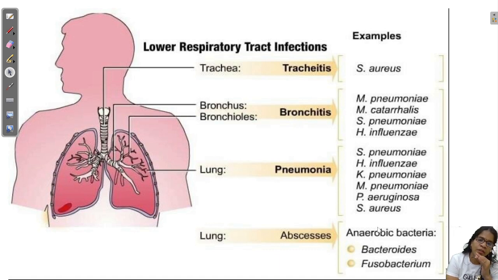Aerobic bacteria need oxygen for their survival, and anaerobic bacteria don't need oxygen for their survival. Two types of these bacteria reside in lung abscesses, which may also affect your lower respiratory tract.